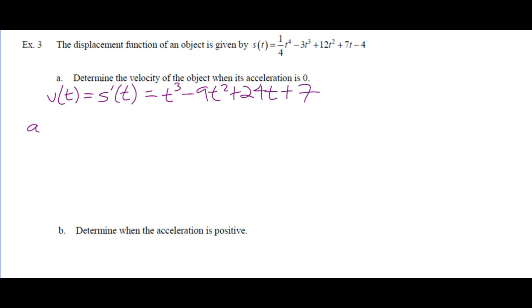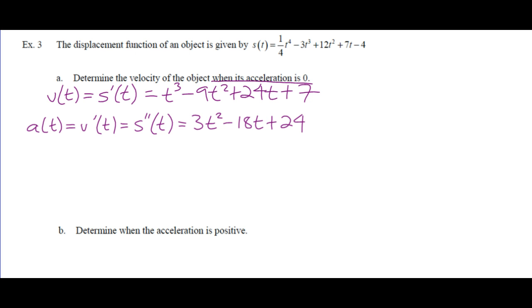So a of t, which is v prime of t, which is s double prime of t, is 3t squared minus 18t plus 24. And now I need that to be 0, so all we're going to do is set that equal to 0, to find when its acceleration is 0.